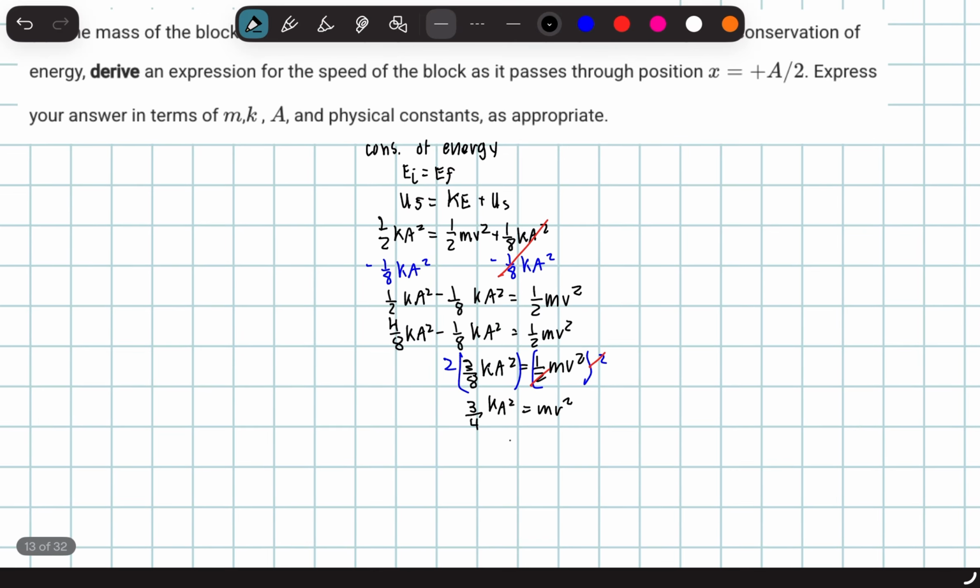Now solving for v squared, just divide by m. Now taking the root.